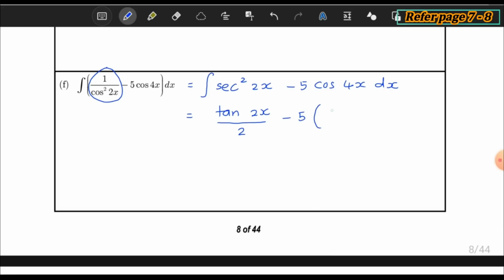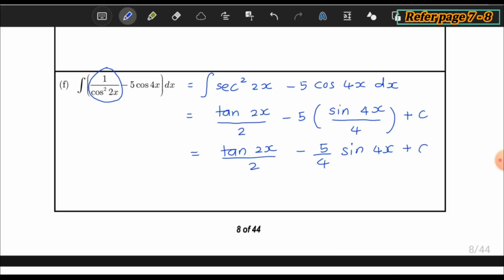Integrate cos 4x is sin 4x over 4 plus c. So the final answer is tangent 2x over 2 minus 5 over 4 sin 4x plus c.